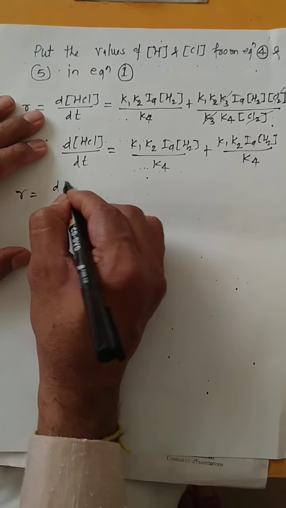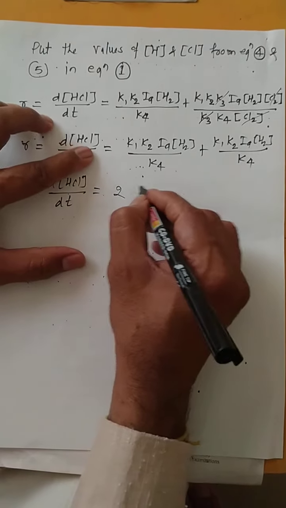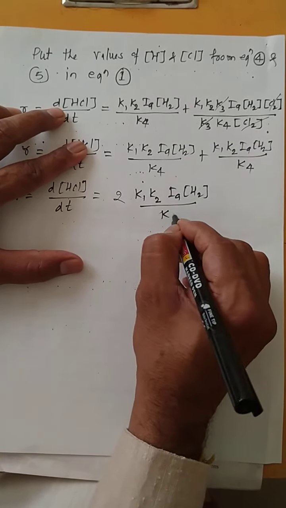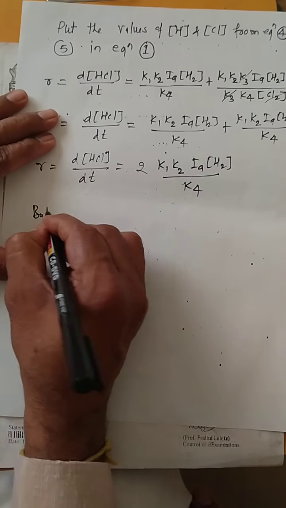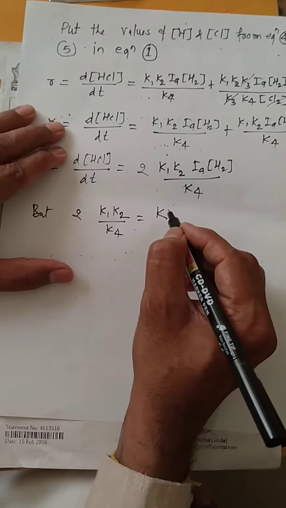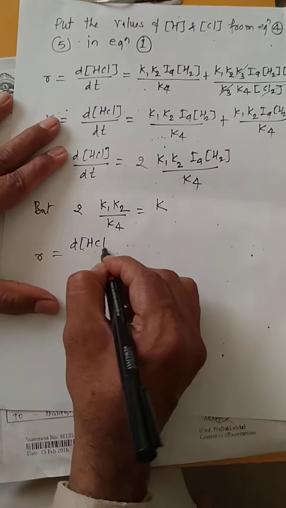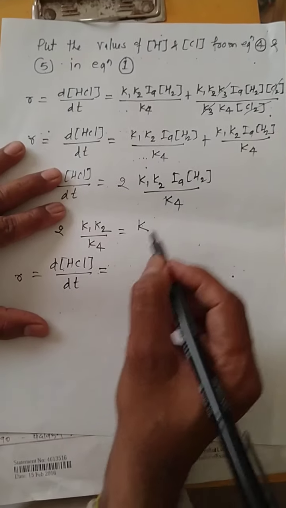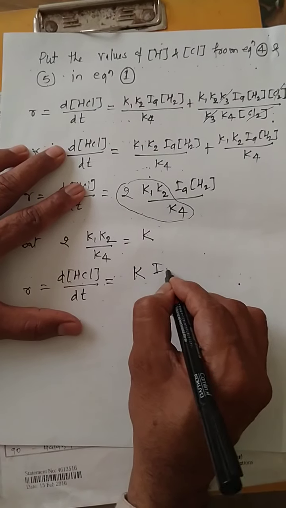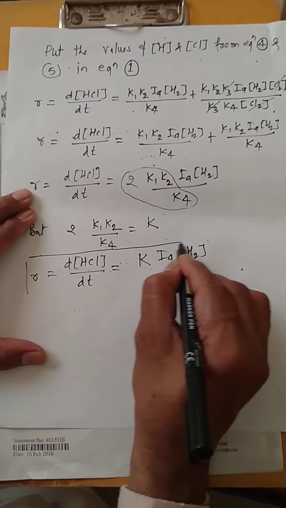Adding these terms, we get 2 K1, K2 intensity absorbed concentration of H2 upon K4, but 2 K1, K2 upon K4 is equal to K. Then the above equation becomes: rate of formation of HCl with respect to time is equal to K intensity absorbed into concentration of H2. This is our final equation derivation.